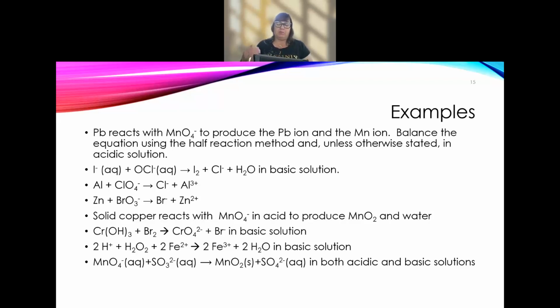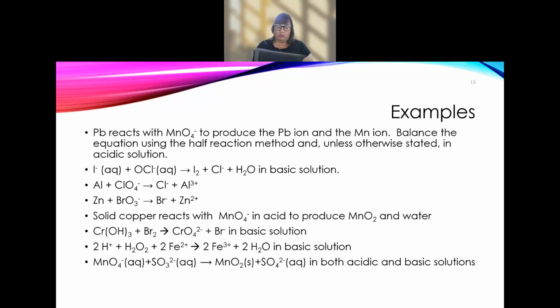I need to make the number of electrons equal, so I multiply the Pb by 5 and the Mn by 2. That gives me 5 Pb going to 5 Pb2 plus 10 electrons, and I multiply the MnO4 by 2, and that gives me 16 H plus 2 MnO4 minus plus 10 electrons goes to 2 Mn2 plus 8 H2O.